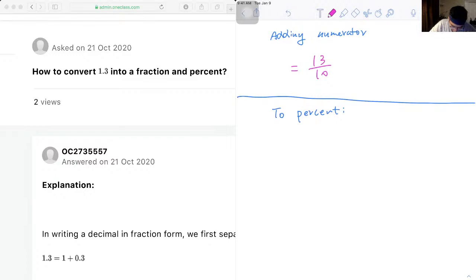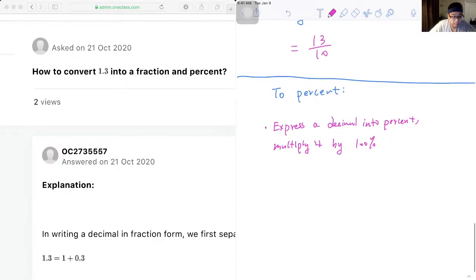Okay. So let's write it here. There's only one simple step. To express a decimal into percent, we just need to multiply it by 100%.